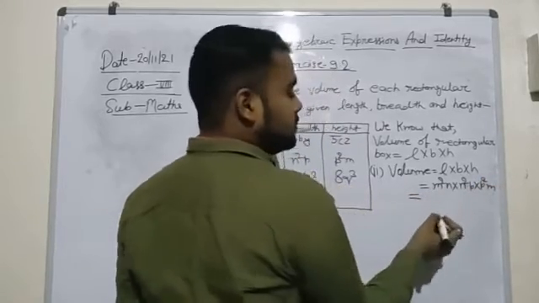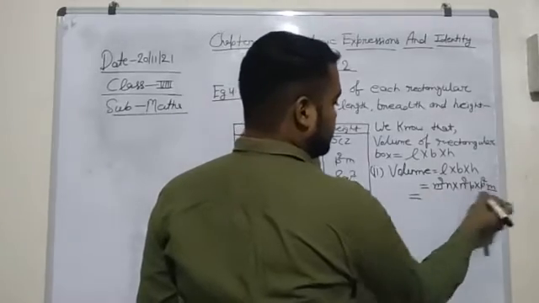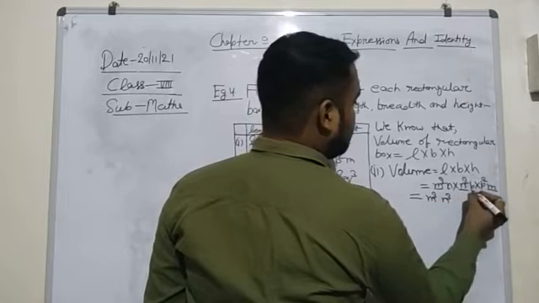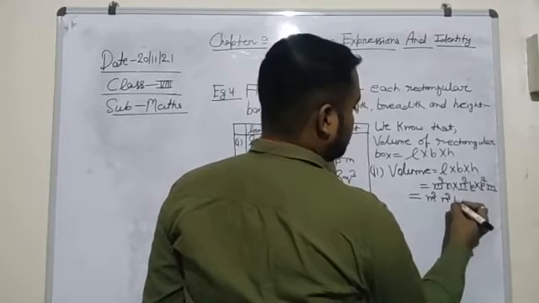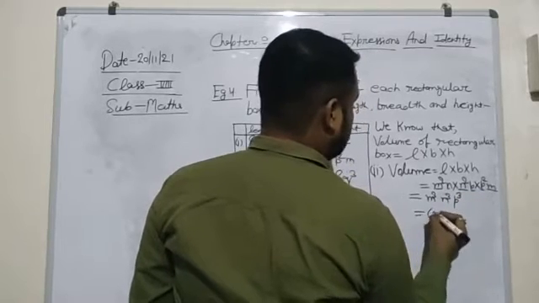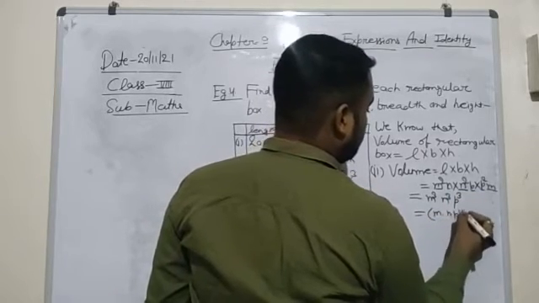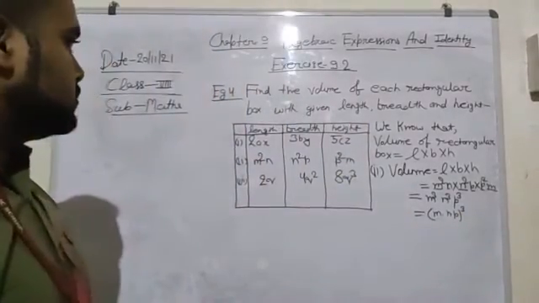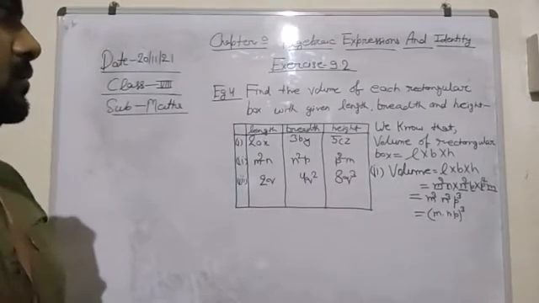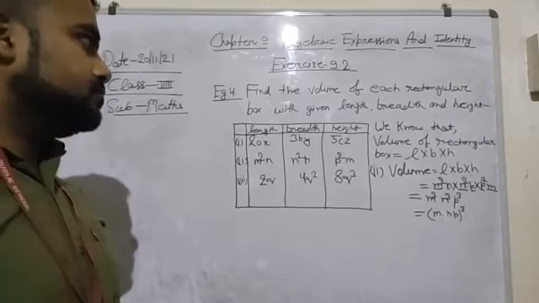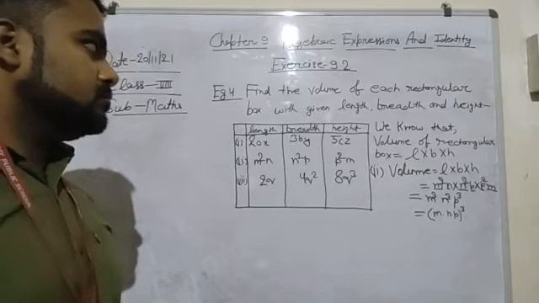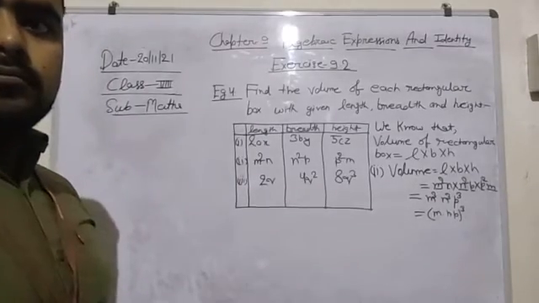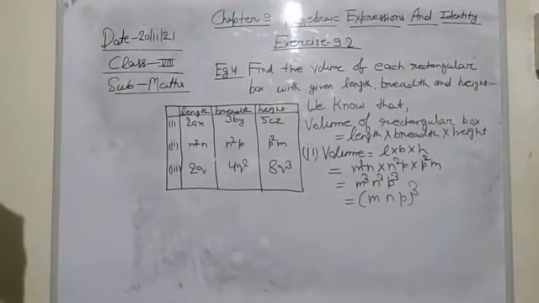When you multiply all the variables, m square and m gives m cube, n square is n cube, and p square and p is p cube. So it can be written as m into n into p whole cube also. Now note it down.